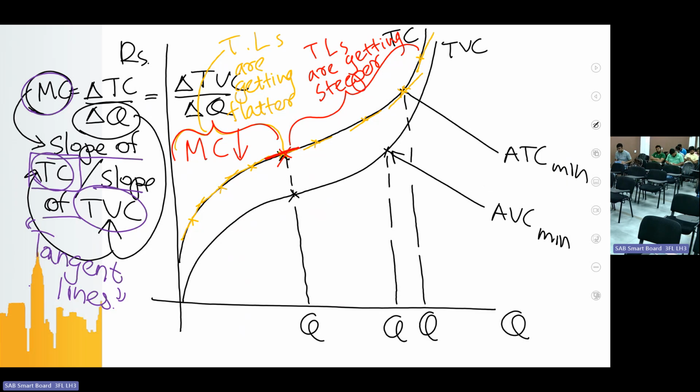That means over this range, marginal cost is increasing. And at this point, the tangent line is the flattest. That means at this point, marginal cost is minimum.